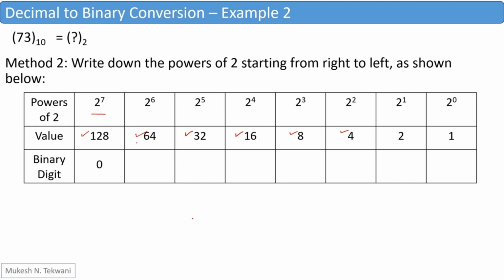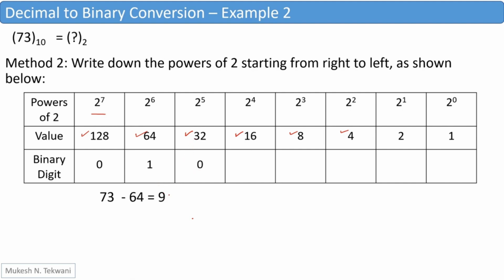Again we compare 73 with the number 64. 73 is greater than 64, so we'll write a 1 bit, and 73 minus 64 gives us 9. Now we will compare 9 with 32. So 9 is less than 32, so we put a 0.